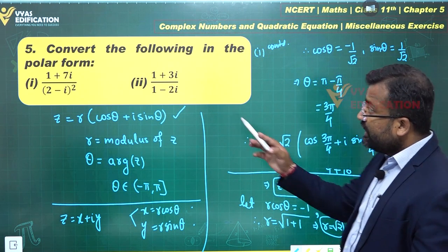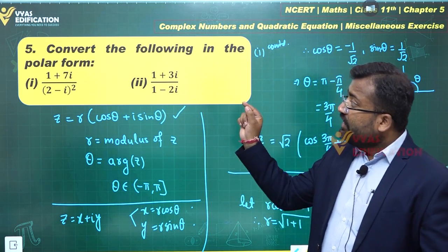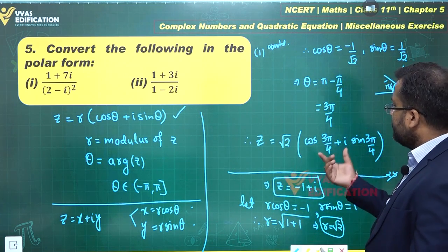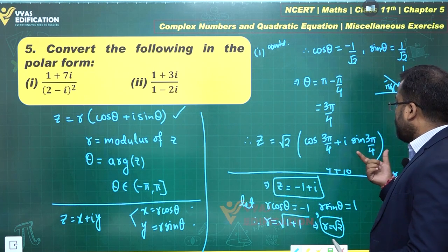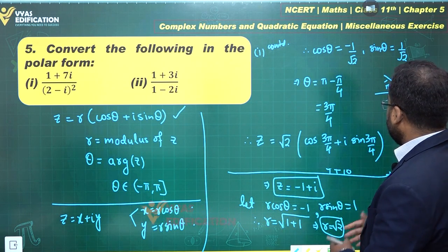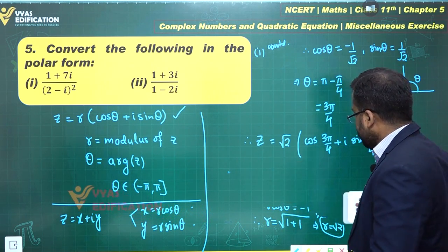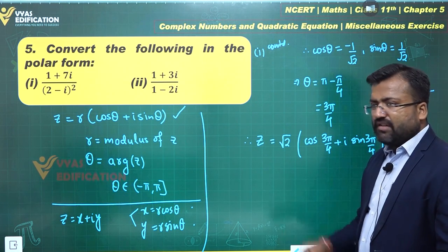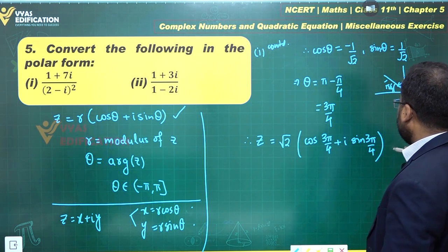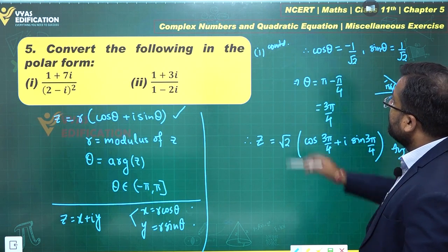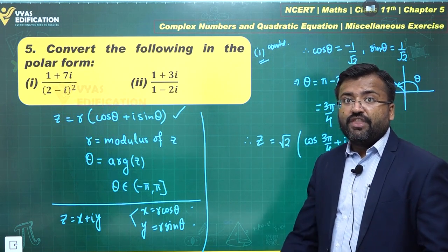This is what the first part will look like in the polar form. Z equals root 2 cos 3 pi by 4 plus i sin 3 pi by 4, and yes, this is my final answer for this first part.